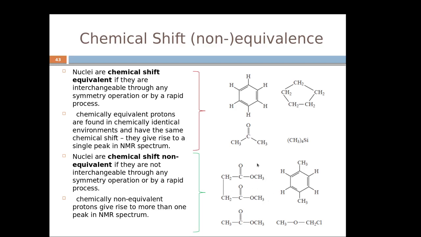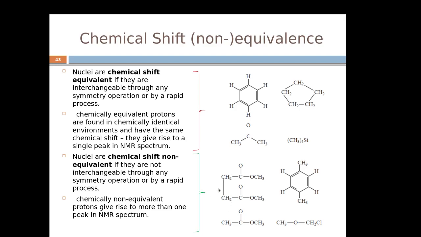So this also forms a chemically equivalent set of nuclei. But if you consider the CH2 and CH3, they are in different electronic environments, so they form a set of chemically non-equivalent nuclei.